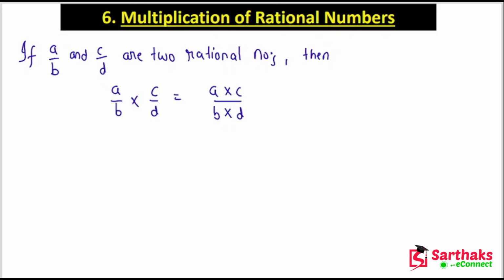That is, you have to multiply numerator separately and you have to multiply denominator separately. So this is the easiest way of multiplication of rational numbers.